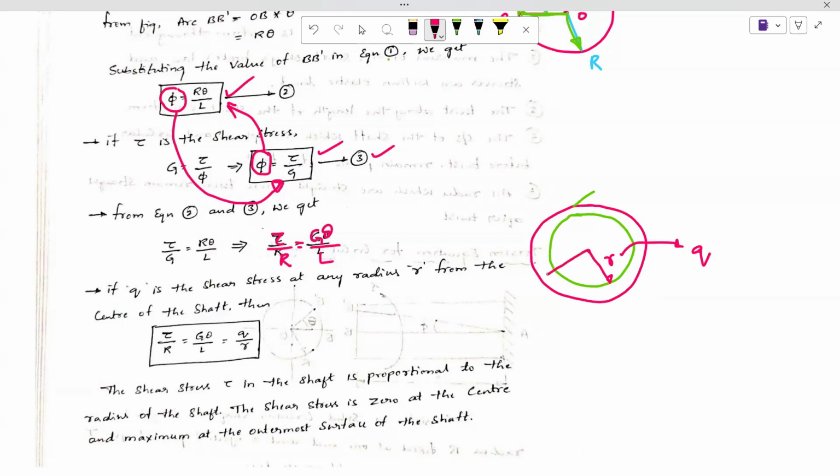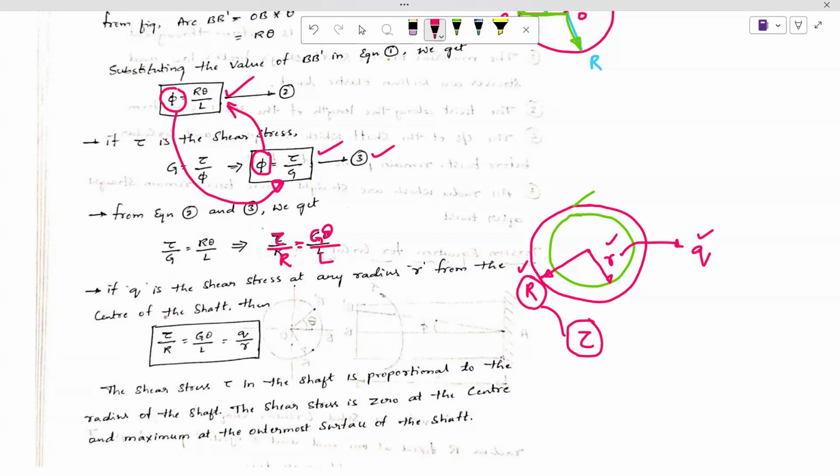But if you consider the radius as capital R at the outer surface, the shear stress will be tau. Please remember, a small r gives shear stress small q, and a capital R at the outer radius gives shear stress tau.